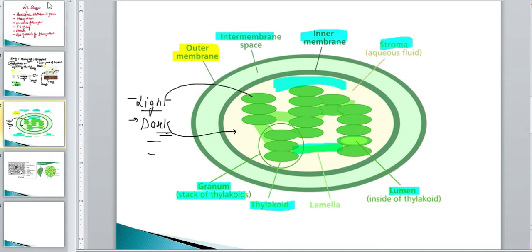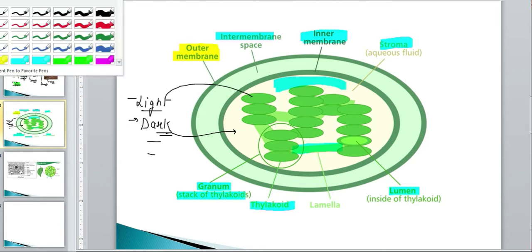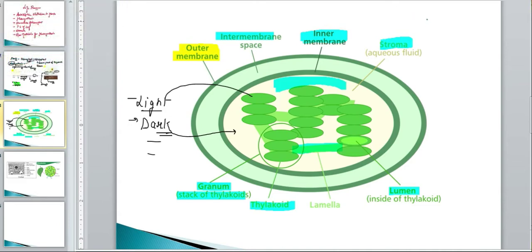And the second point which I would like to clear here is that the photosynthesis is completed in three steps, which we can give as the summarizing points of the photosynthesis. The three steps are: first is the trapping of the sunlight through chlorophyll.